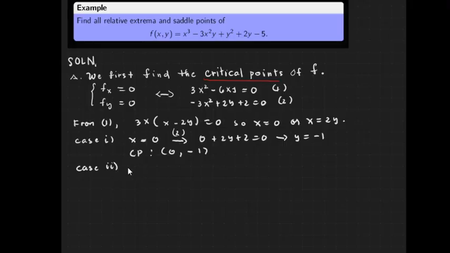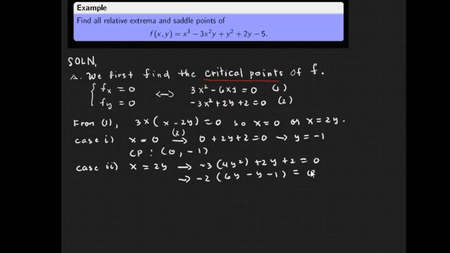Next, let's consider the case x equals 2y. When x is 2y, equation 2 becomes negative 3 times 4y squared plus 2y plus 2 equals 0. And factoring out negative 2, you get 6y squared minus y minus 1 equals 0.